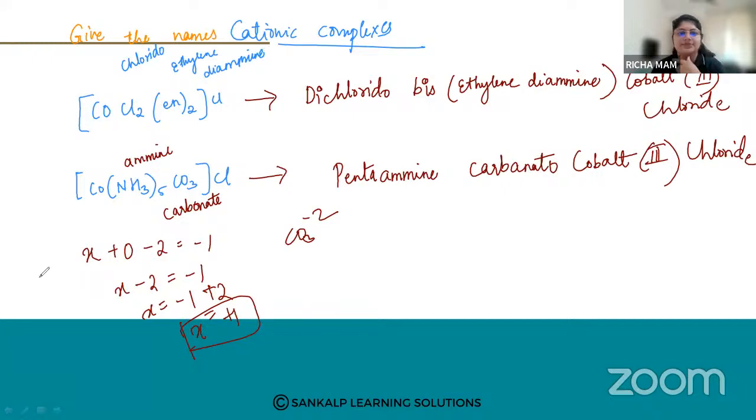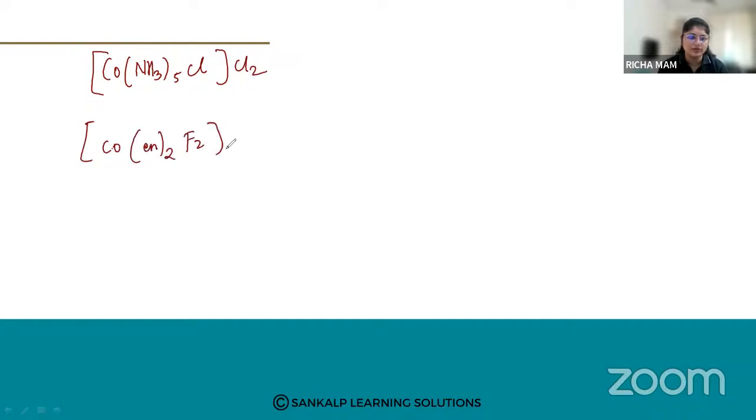Fine. So let us go for the next one. CO, NH3, 5, Cl, Cl2. Then CO, En twice, F2, ClO4.